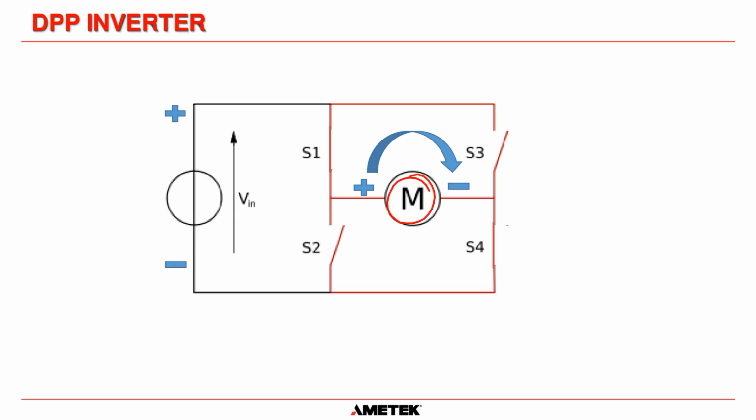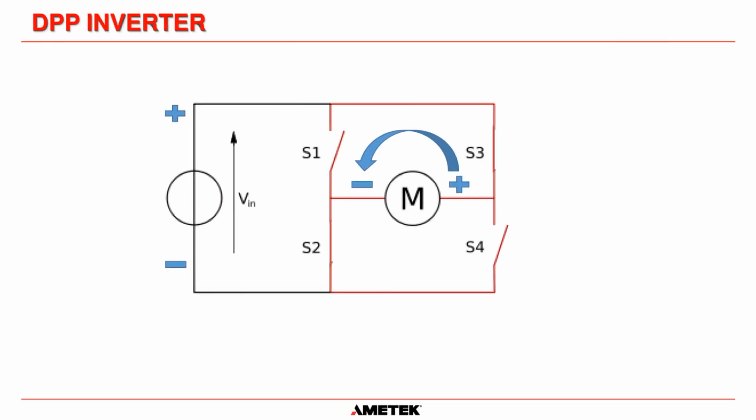So this is our motor. If we close S1 and S4, and we have our battery positive and negative back here, that allows power to flow here and makes this side of the motor positive, and then our negative goes back this way, making this side of the motor negative. So that will make this motor spin in a clockwise direction.